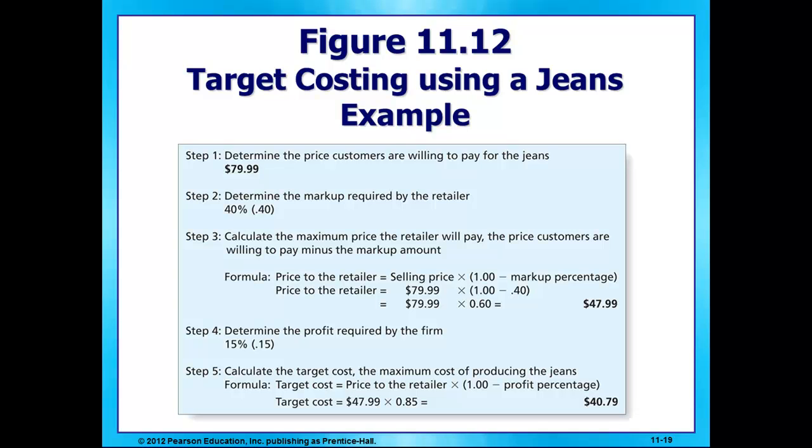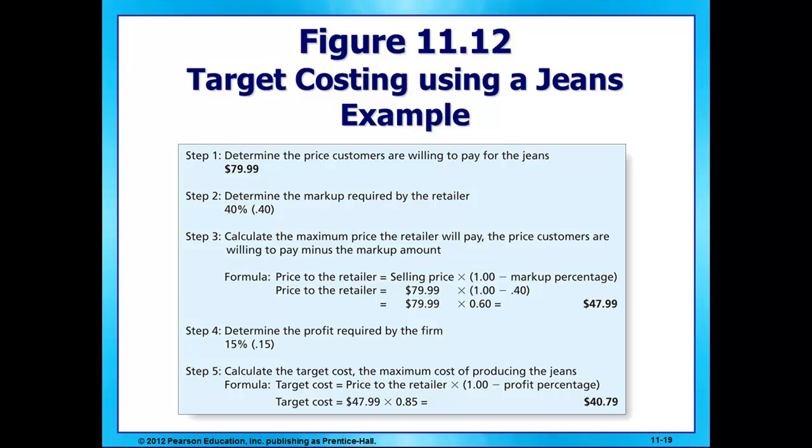Then what we do in target costing as a pricing analyst is we work backwards through the channel. And because marketing takes a customer-oriented perspective, these margins are not based on the cost from the upstream member, but they're based on the actual dollars that the retailer earns from the sales to the customer. So we're going to go demand backwards pricing.